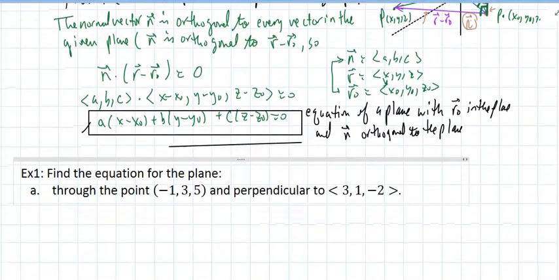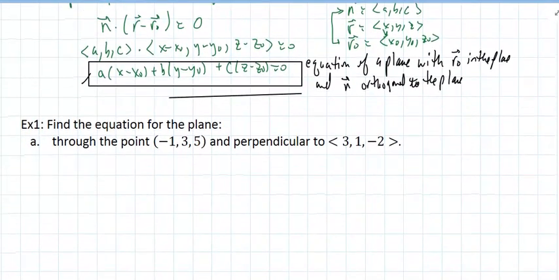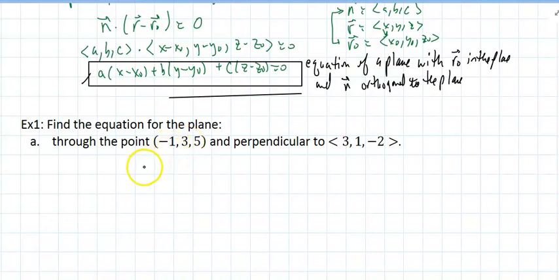And if I look at the next set of examples, find the equation of a plane through the point, they gave me the point. Very good. And they gave me my normal vector. It's perpendicular. So the point is really negative 1, 3, 5, and the normal vector is 3, negative 1, negative 2.